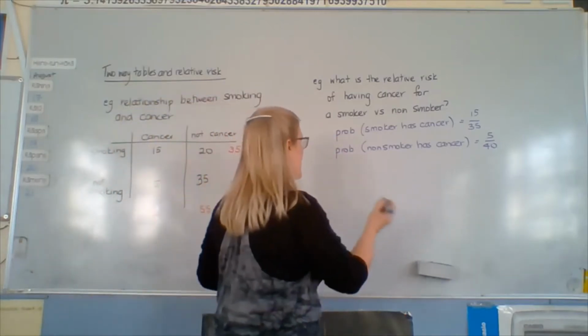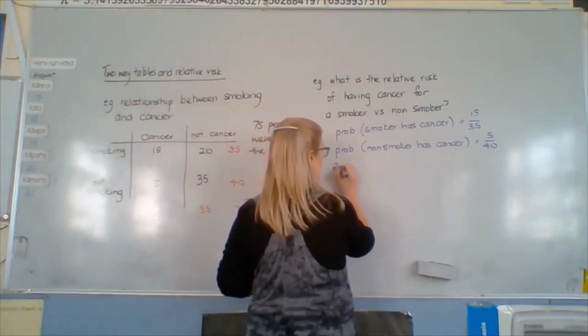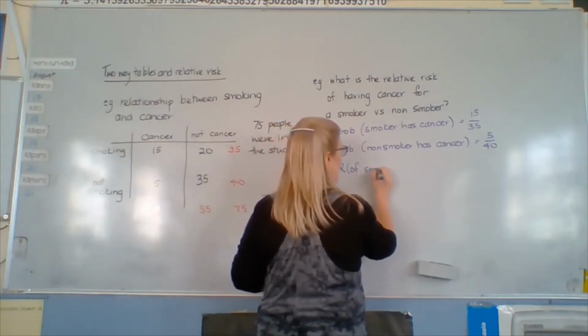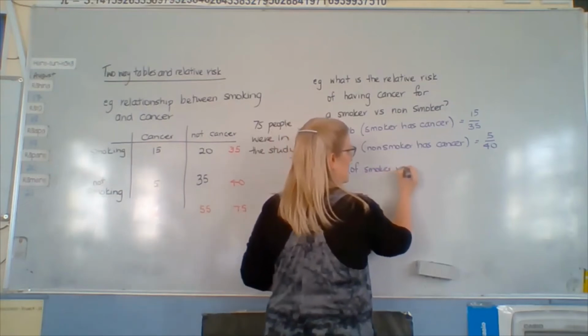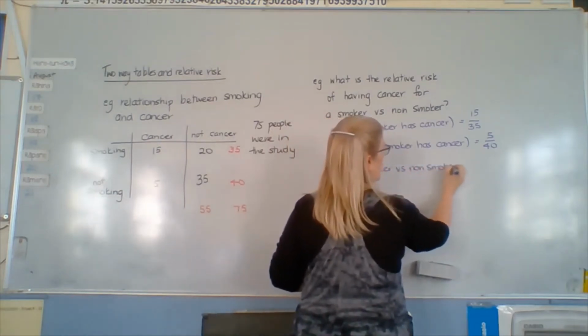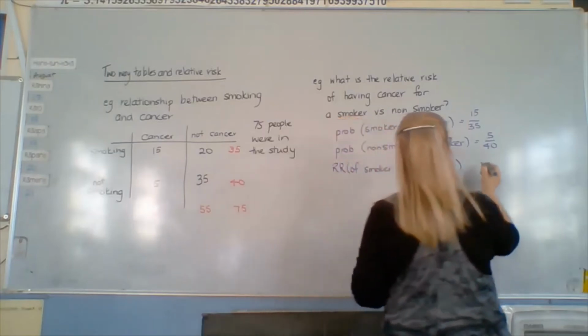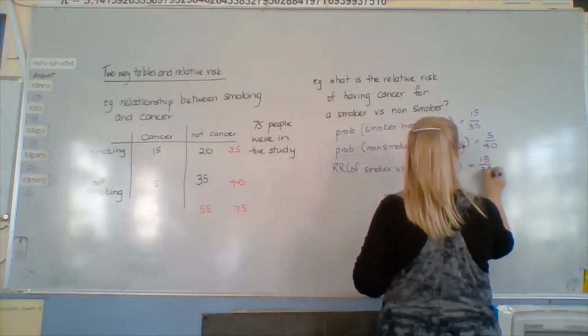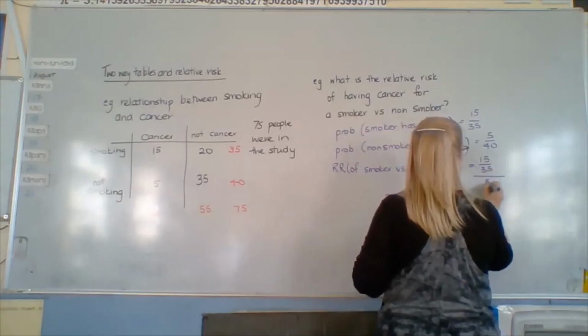So the relative risk: the first one is on the top, therefore it's 15 over 35 divided by 5 over 40.